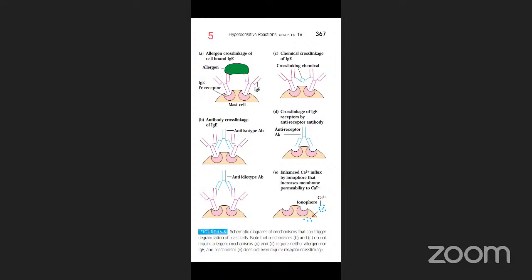What happens is that the first exposure will not give any hypersensitivity reaction, but after the first exposure, specific antibodies are produced in our immune system. So upon the second exposure, this type one hypersensitivity reaction will occur.